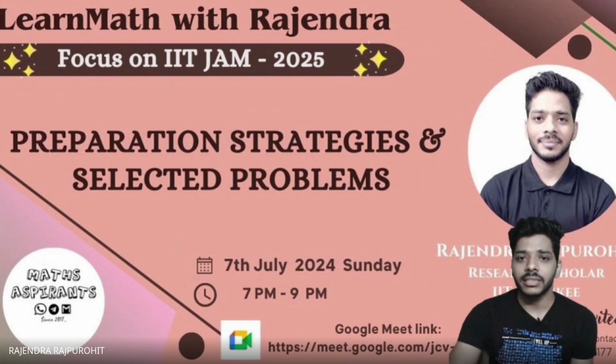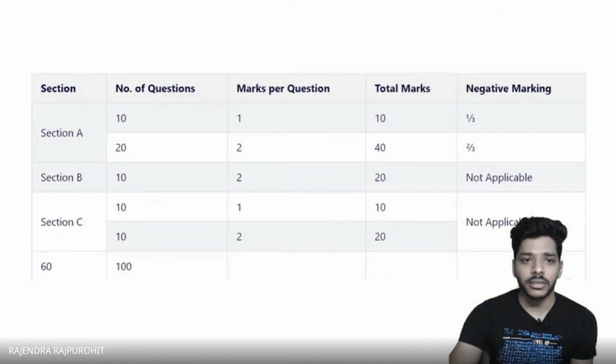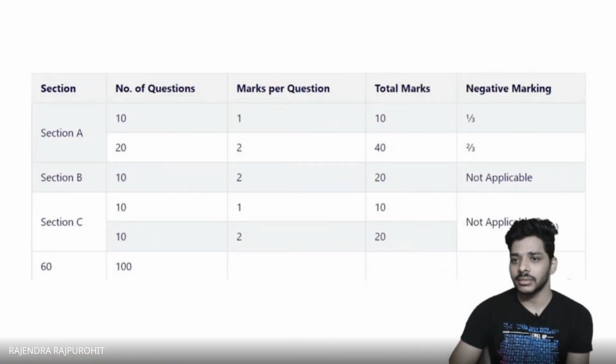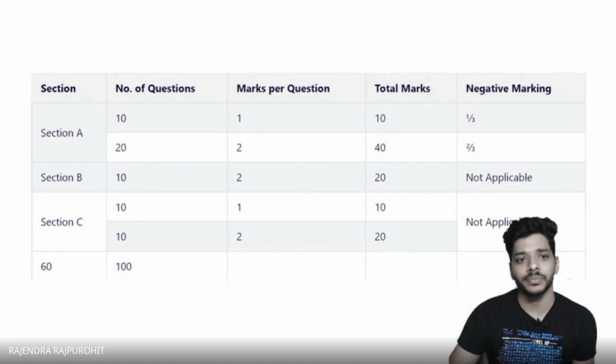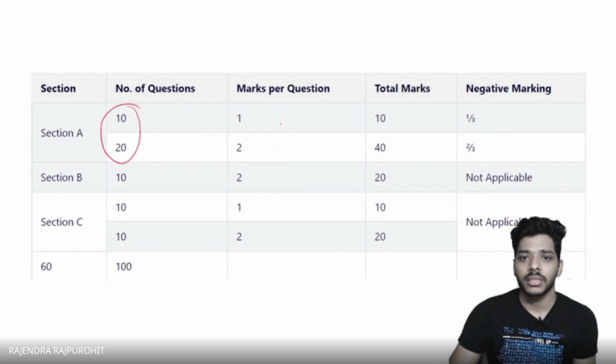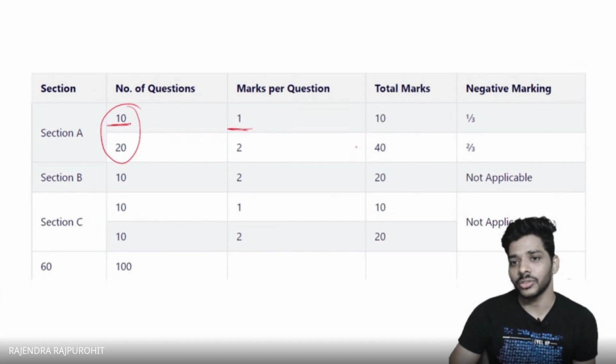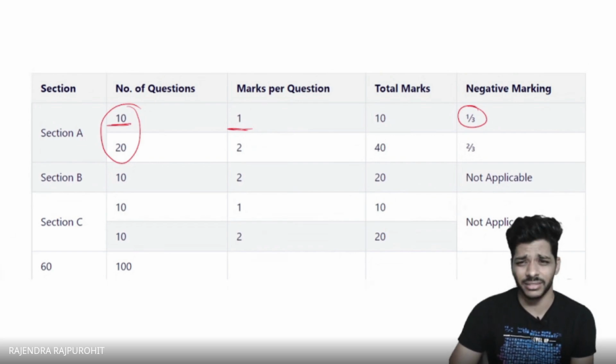If you look at the paper pattern, you have 3 sections in total. Section A contains 30 questions: 10 questions carry 1 mark each, and for these 10 questions you have a negative of 1/3, meaning 0.33 marks, not exactly 0.333 infinite sequence.